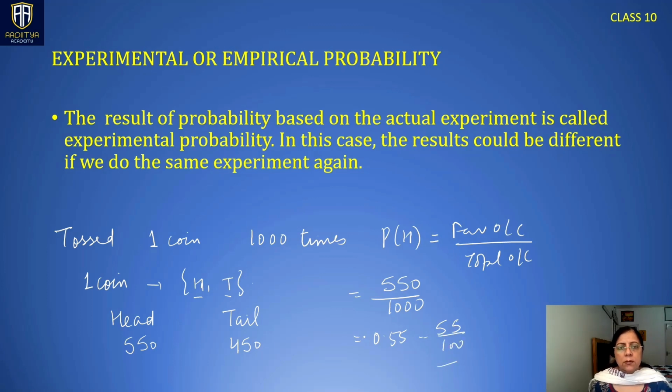So this is the probability of occurrence of head, and probability of occurrence of tail becomes 45 by 100. So in this kind of probability, we first perform the experiment and then we take out the results to give the conclusion for an experiment, that what we have come out with as the result of the experiment. Right? So that is why it is called experimental or empirical probability.